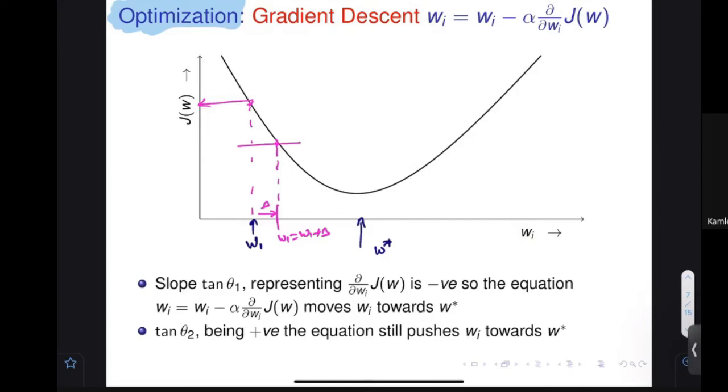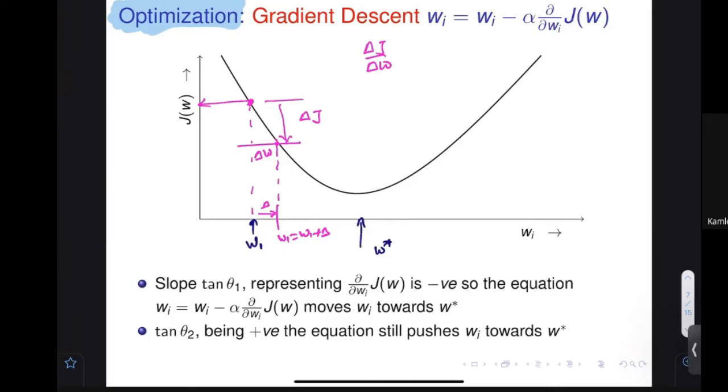So how much change in J is there? This much is the change. How much change in delta w? This is the delta w change. So I can define the gradient at this particular point. The gradient is tan theta, which is equal to delta J upon delta W. Is this gradient positive?